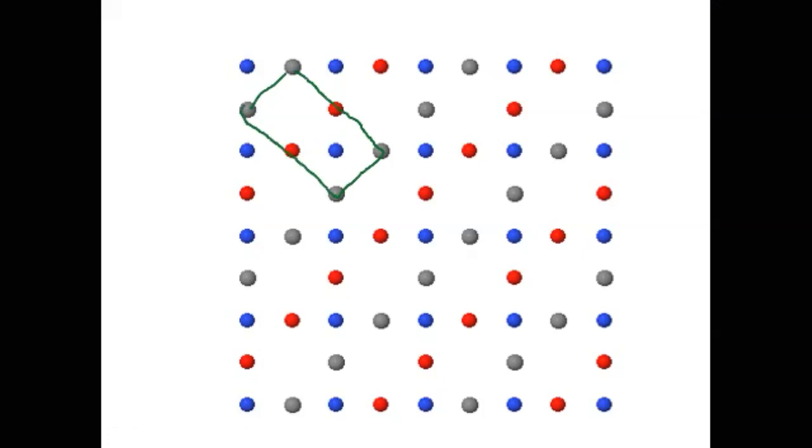Now if we were to translate this, let me switch the color. You see that we account for all the unique components of the crystal, and we get the exact same repeat unit.